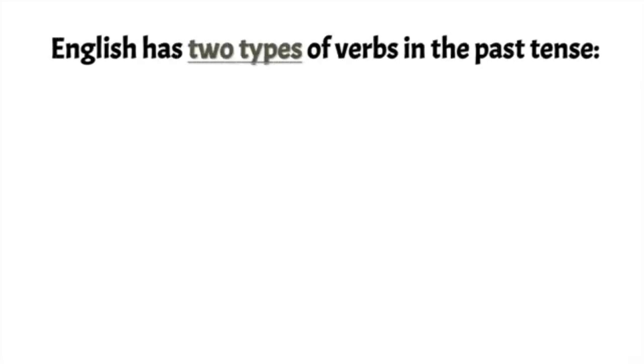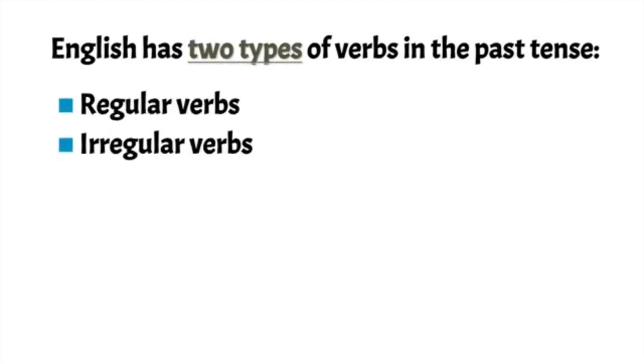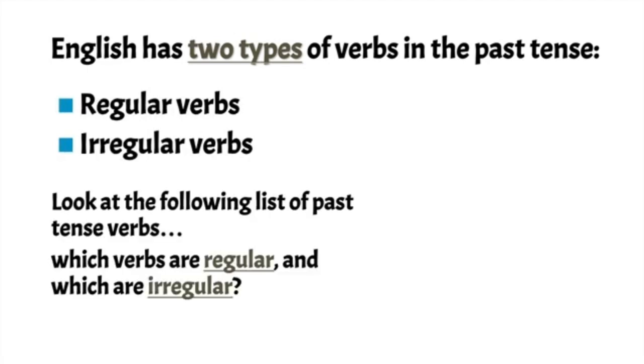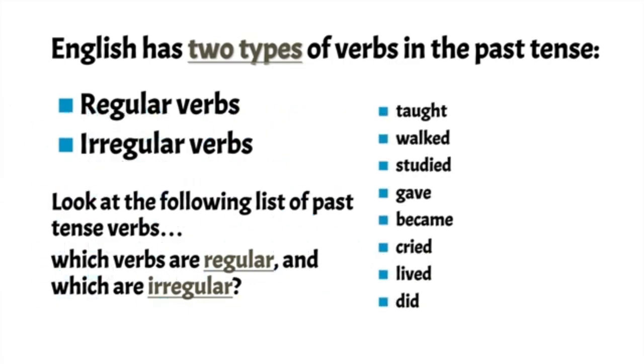So English has two types of verbs in the past tense. Regular verbs, as I said before, and irregular verbs. Look at the following list of past tense verbs, which are regular and which are irregular. Okay, so we have taught. Yeah, that's irregular. Walked.